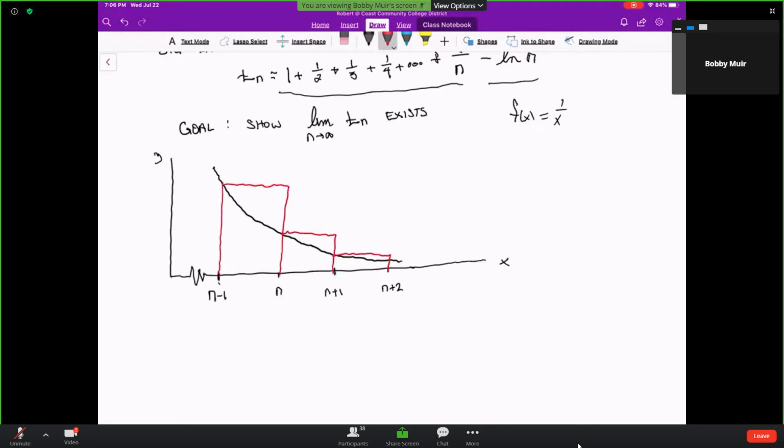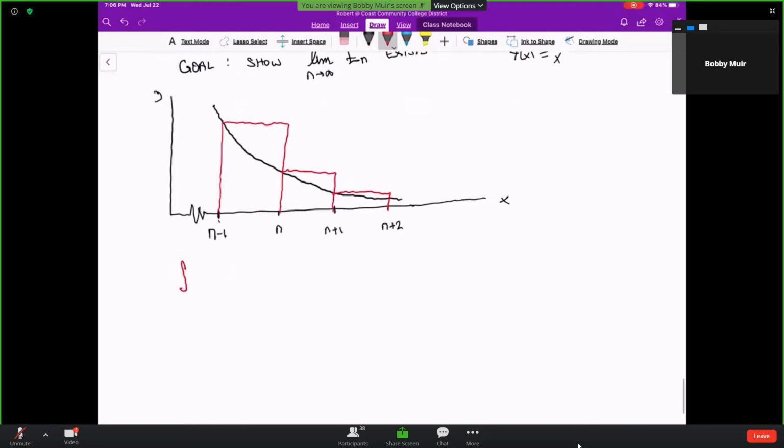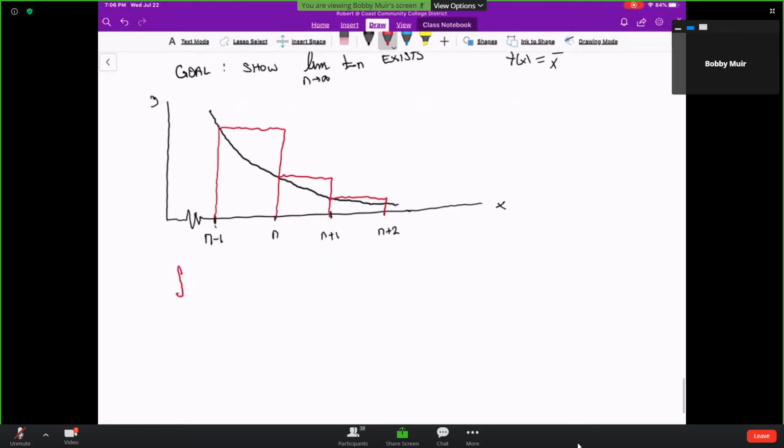I've got to draw another picture. Normally on the board I can do this a little differently.